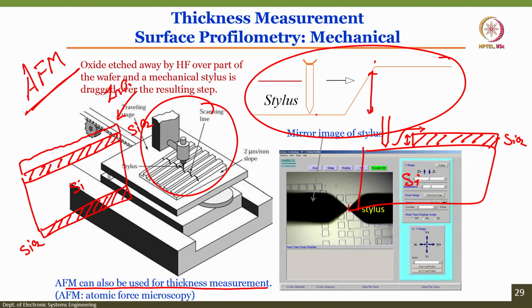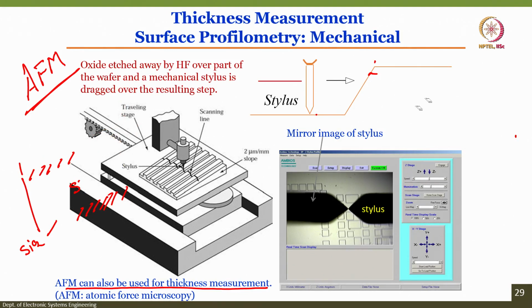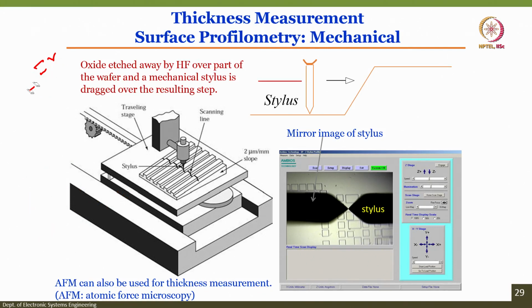In AFM, instead of using the diamond tip which is here, we use a silicon cantilever. Now, what is a cantilever? Let me give an example. You should correlate the topics that you learn in college or school with daily activities, and then it will be so easy for you to remember.